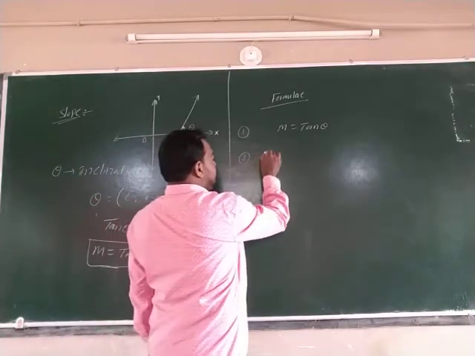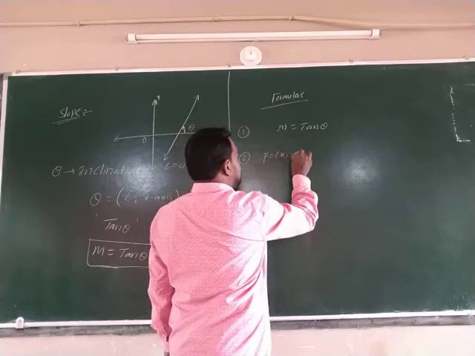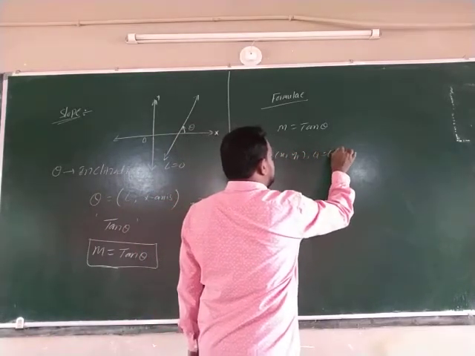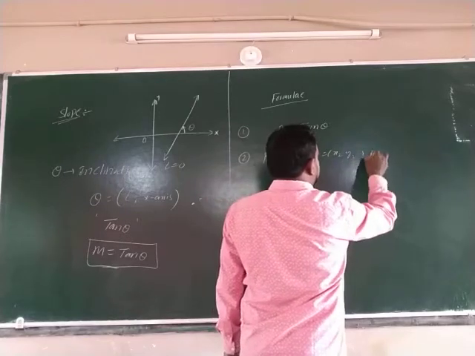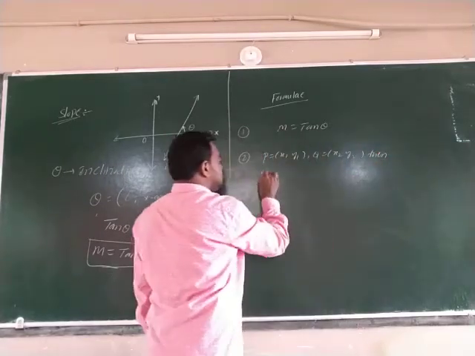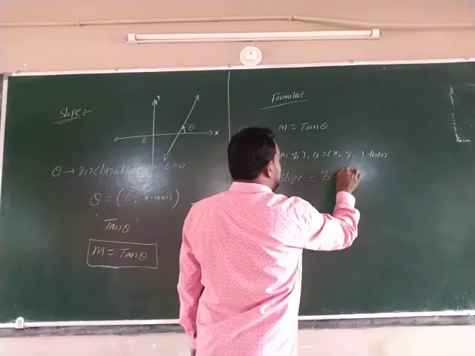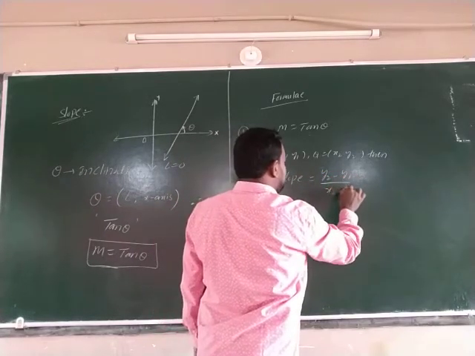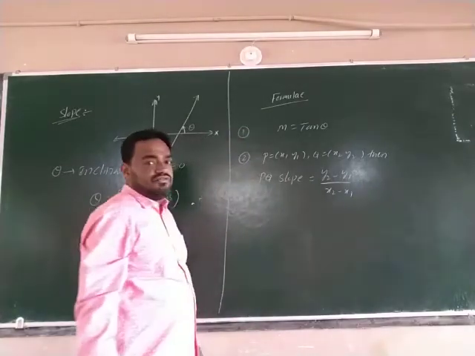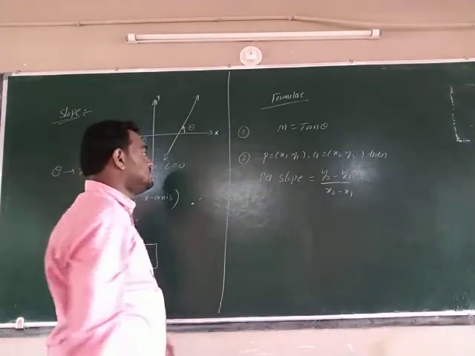Second, for points P(x1, y1) and Q(x2, y2), the slope of PQ is equal to the difference between the y coordinates by the difference between the x coordinates, that is, (y2 minus y1) by (x2 minus x1).